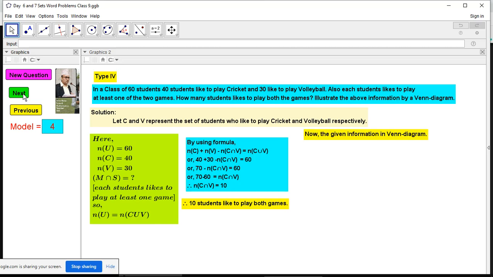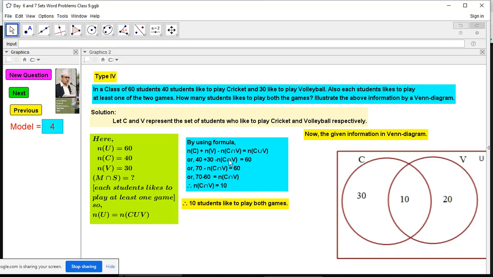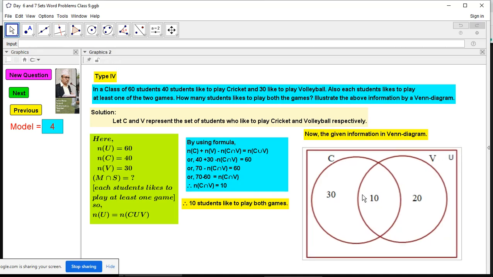Now the given information we have to illustrate in the Venn diagram. Here you can see the Venn diagram, dear students. C is 30, intersection is 10, and B is 20. Here number of C is 40, dear students. So here 30 plus 10 becomes 40. Sometimes you may have confusion. You may write 40 in this part. That will be wrong because this represents only the intersection part.